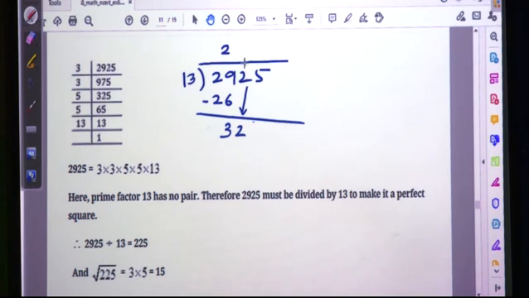It is bigger than 26 and smaller than 39. So 13 2s are 26.